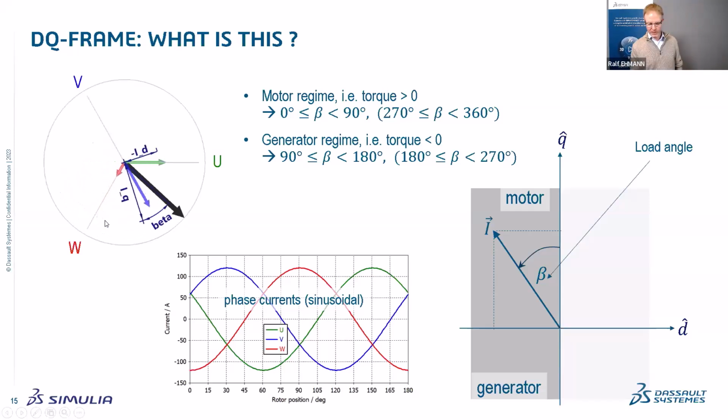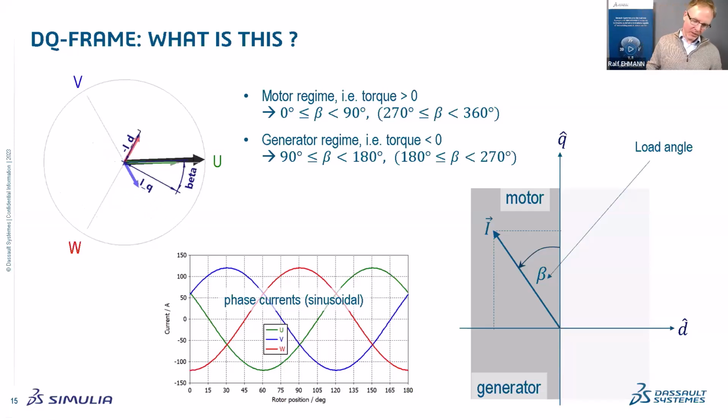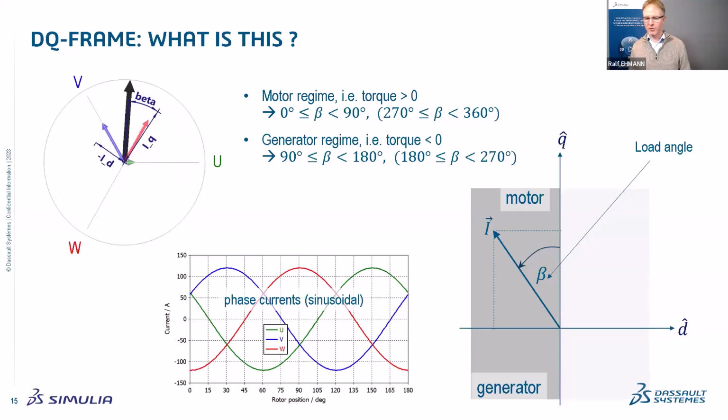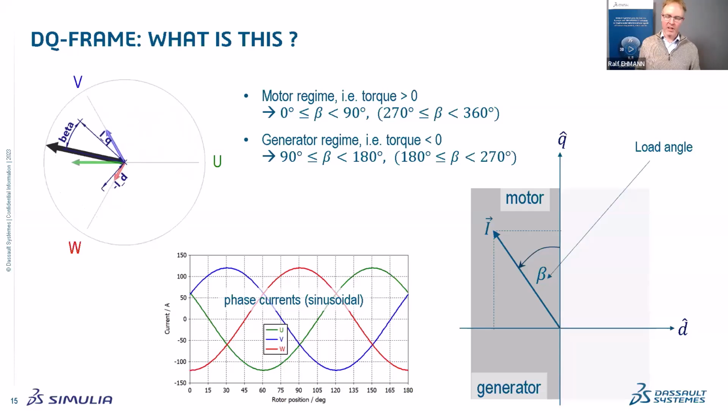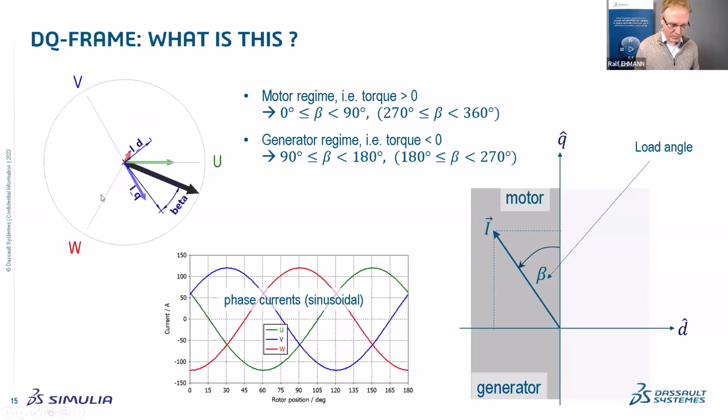And why are people doing this? The reason is because then you can design controls with the same approaches you know from DC machines, because it's much easier to work with more or less DC components instead of three-phase sinusoidal components. However, rotating is one thing. You definitely also need a reference, and the reference is chosen like this.